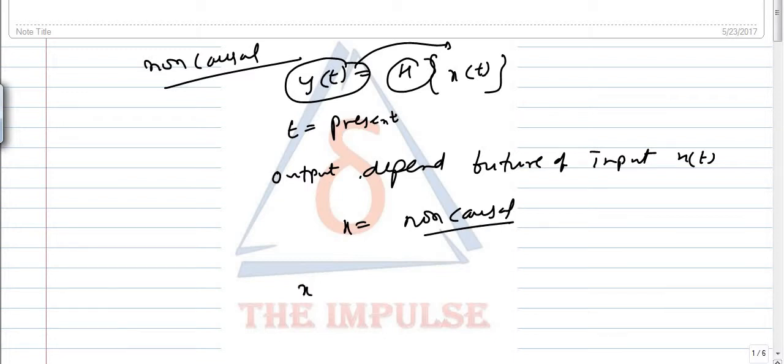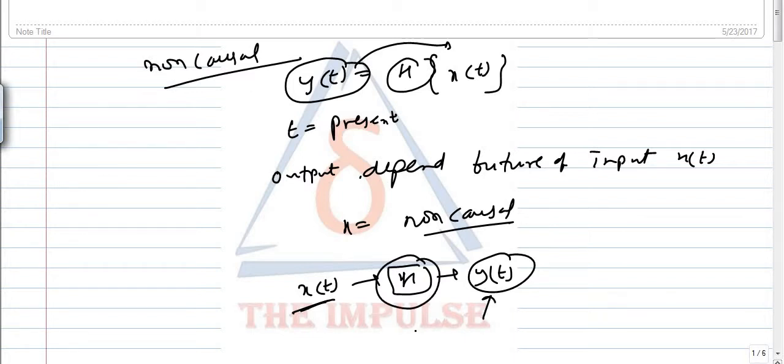My x(t) is given to system H and we get the output. So if for any present value of time my output depends upon the future value of input, the system H is called a non-causal system.